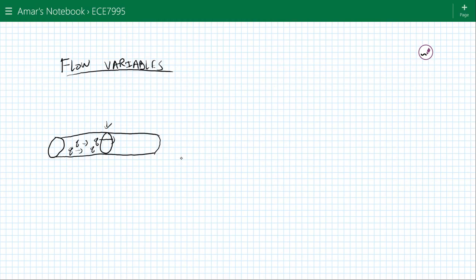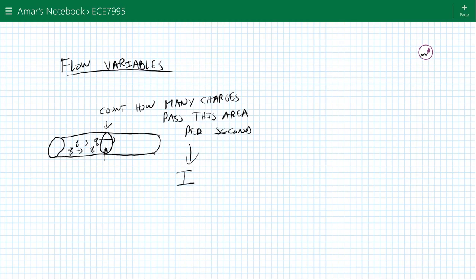If we were to count how many charges pass this area per second, the number of individual charges flying by that cross-sectional area, this is the current, I, given in coulombs per second.